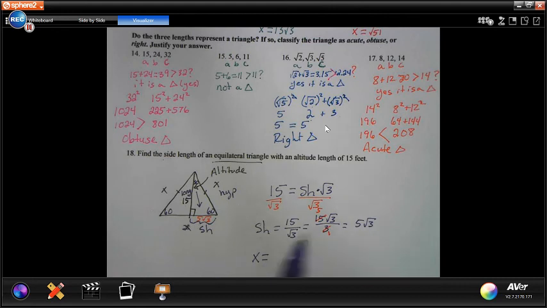So I'm going to use the 5 radical 3 times 2. And this is a whole number, so it multiplies with the whole number. So x equals 10 radical 3. This would be, well, feet. So this would be your official answer. And I put feet because it says the altitude was 15 feet.